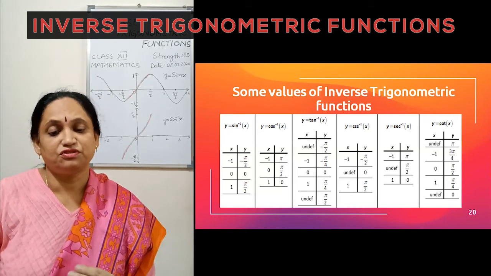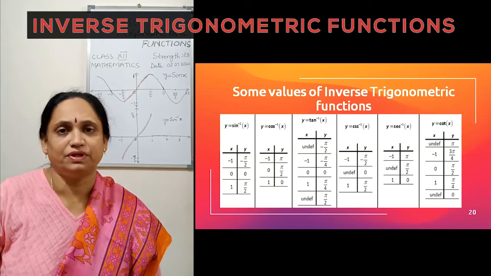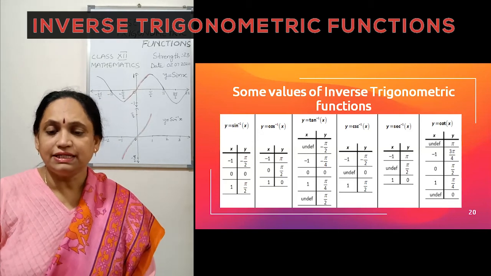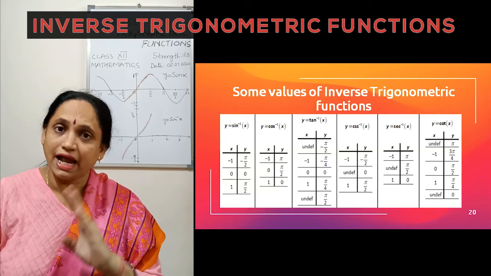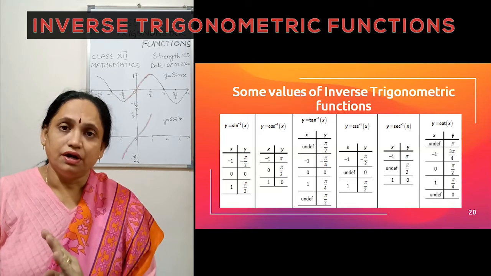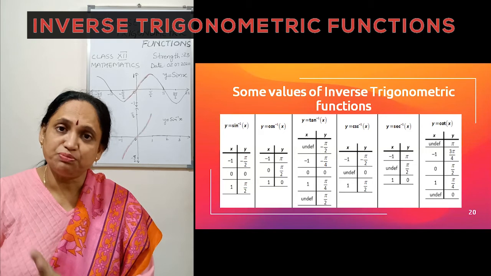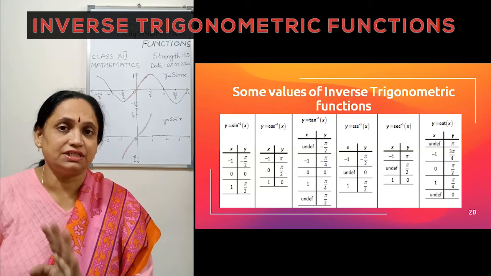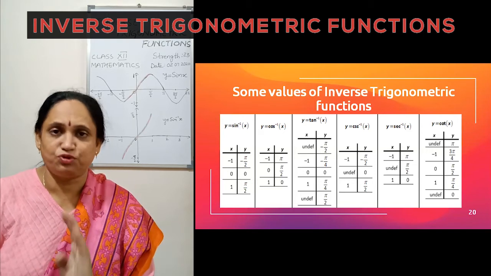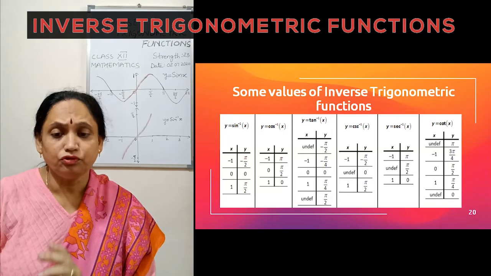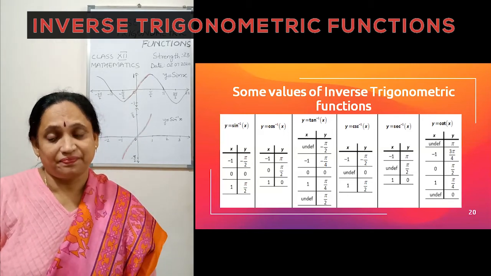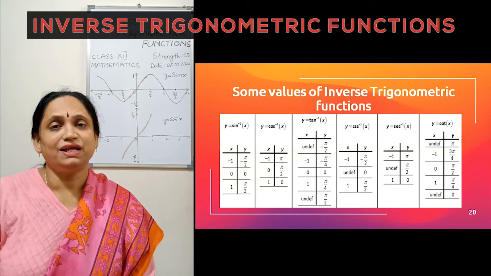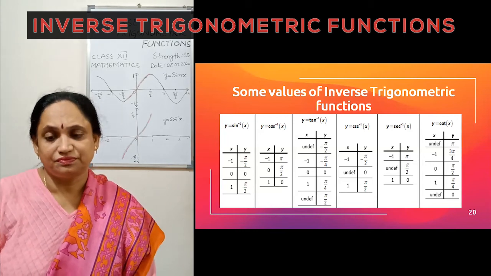And cosecant inverse of +1 is equal to pi by 2. Secant inverse of -1 similarly would be first and second quadrant. The principal value branch of secant inverse is 0 to pi except pi by 2. So secant inverse of -1 is pi, and secant inverse of +1 is 0.